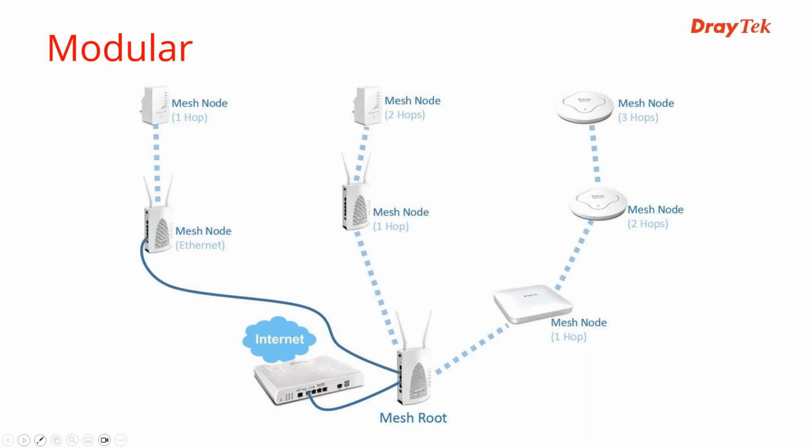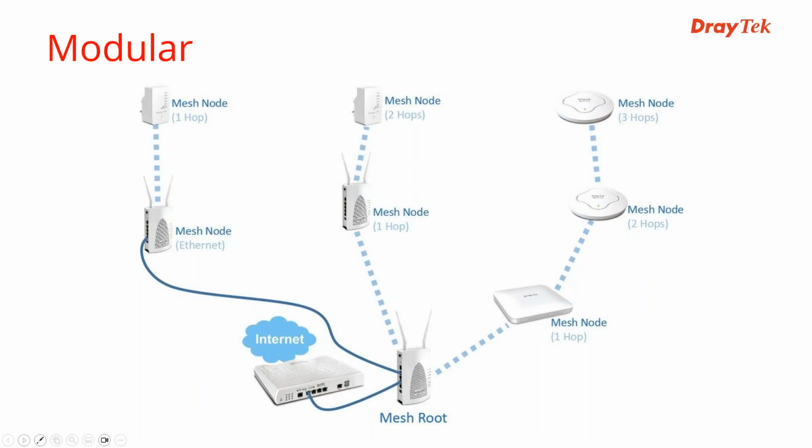DrayTek Mesh self-organizes links between each node to ensure the best possible speeds. Mesh nodes further away will connect wirelessly to the nearest mesh node. Also, when a new mesh node is adopted by the mesh root, it will automatically get added to the mesh network.